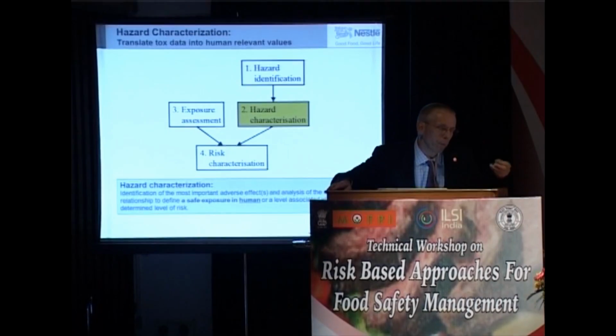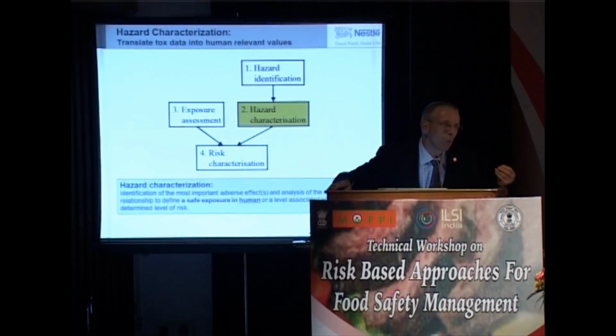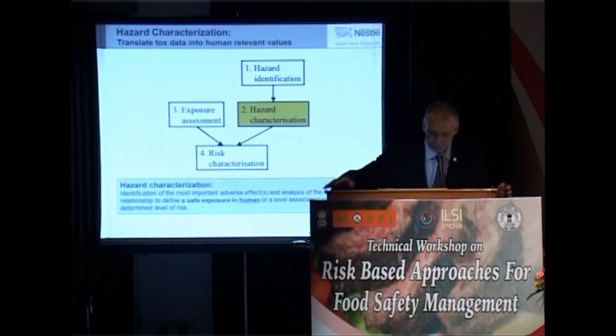But the process of establishing the safe level of exposure, or this value for humans, is called hazard characterization, and it's what I will talk about now. I think it can be relatively complicated. You don't need to keep everything in your head, but I think it's very important to know once what is behind an acceptable daily intake.